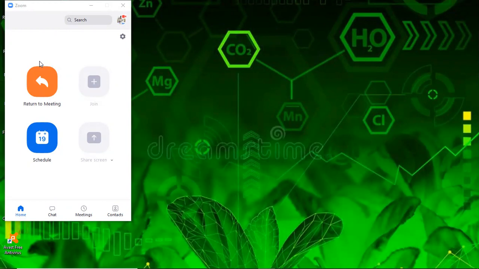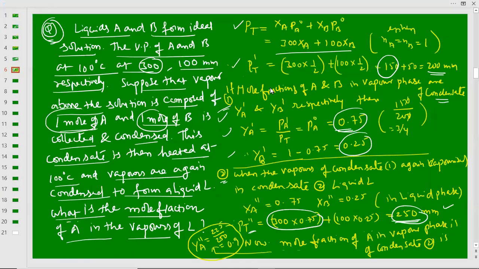So what is the value of this vapor phase mole fraction of A? It is 225 by 250, which is 0.9. So 0.9 is the answer for this one. Here there is a continuous process of finding the vapor mole fraction of A in the vapor phase in the first condensate.